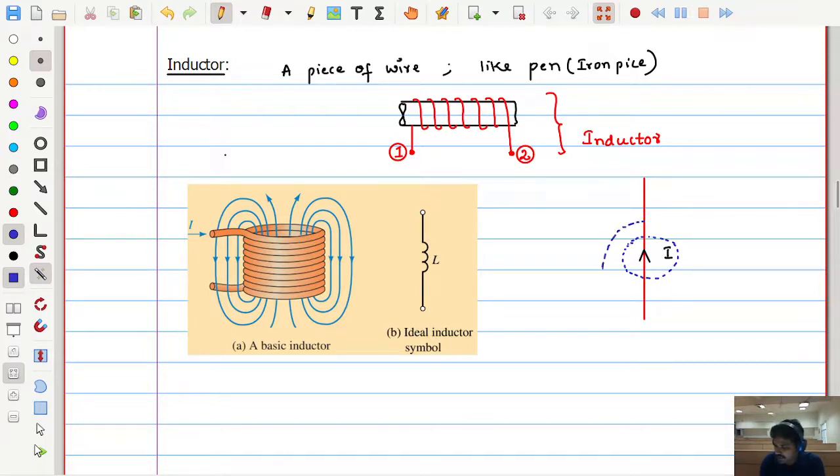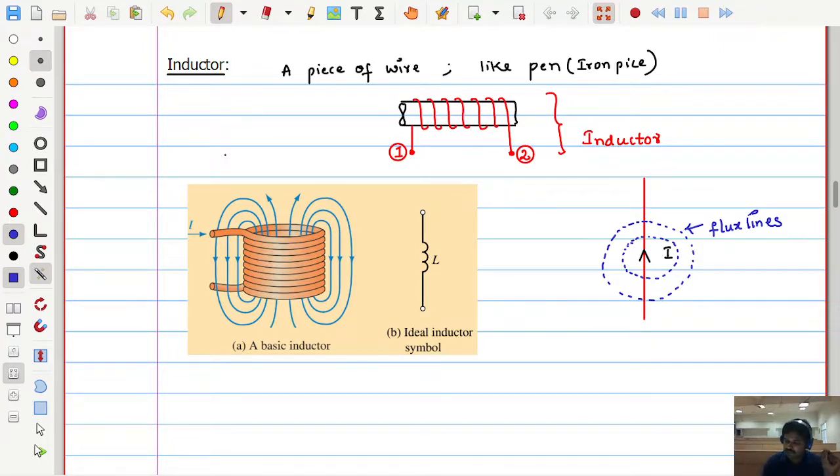So these are the flux lines around the conductor. This blue color one are the flux lines. So that means the property is that when a flow of current takes place through a conductor, it definitely establishes flux around the conductor. Clear? So this is the basic property.